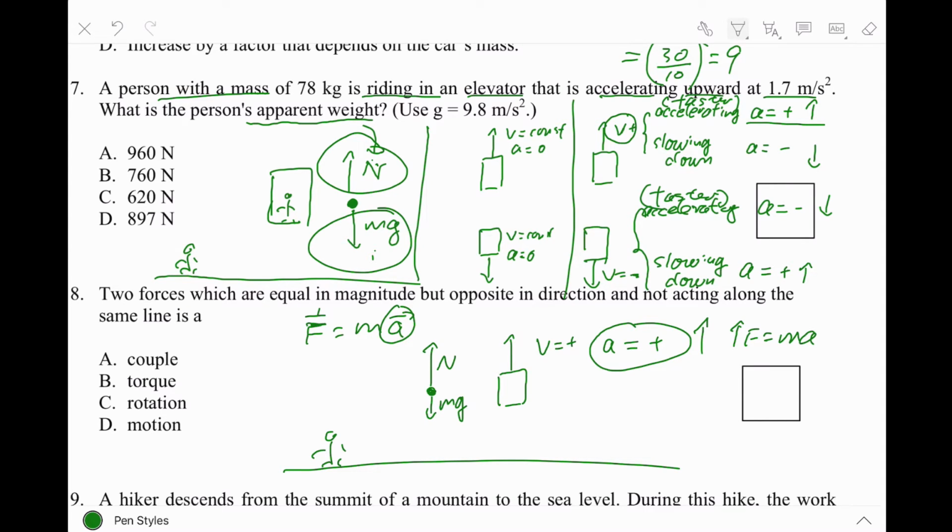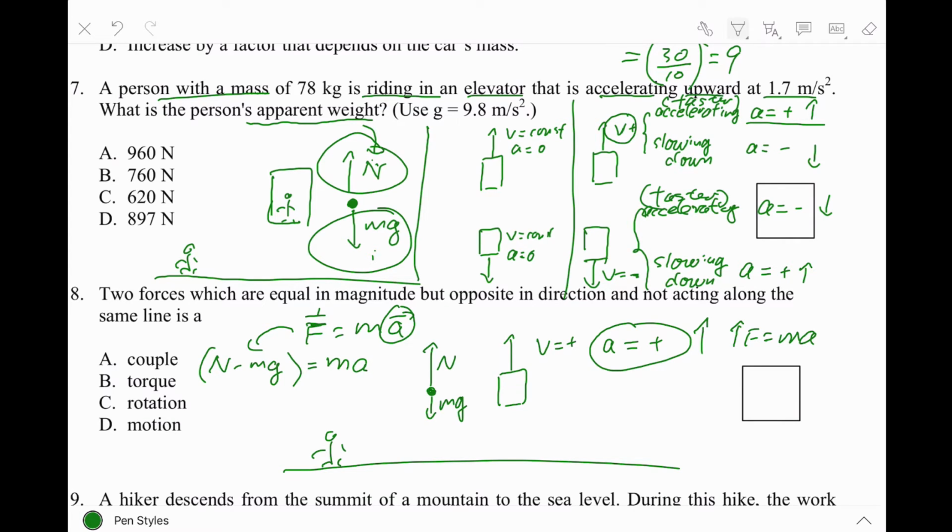Now, F equals ma. N is bigger than mg, so N minus mg is the difference, the net resultant force. This is your F, equal to ma. Can you see it?